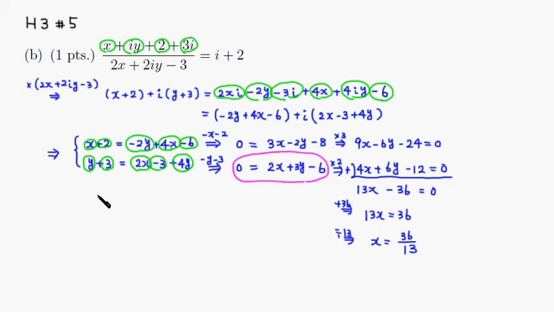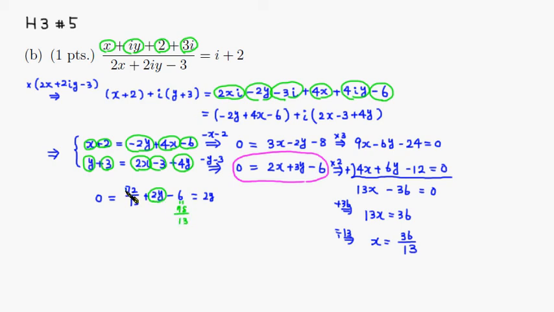So 0 is equal to 2 times x, which is 72 over 13, plus 3y minus 6. I'm going to combine these terms. We have 3y, and 6 with a common denominator of 13 is 6 times 13, which is 78 over 13.